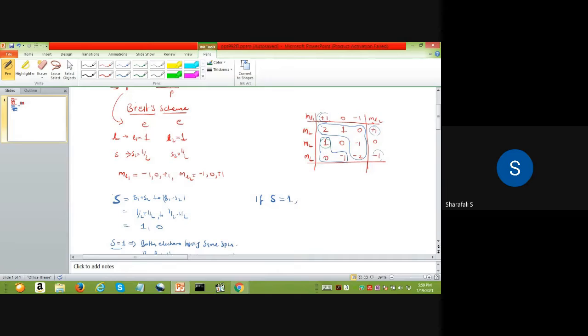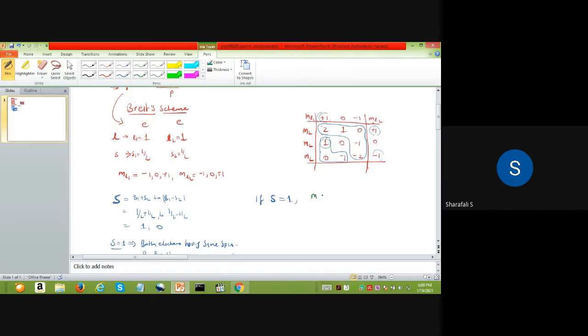If you consider this one, ML1, first electron is having +1, second electron is having -1. This one you take, first electron is having 0. So in this set, 1, 0, -1, all those ML1, ML2 values are different for the two electrons. For S equal to 1, this set is allowed.